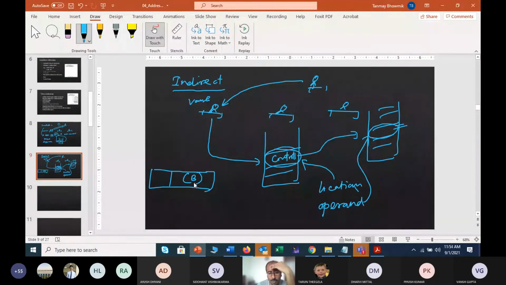So once you find that this is a parenthesis, first obviously you will move to the location of B. That is true. Right? This is the location of B. But here you will not get the data or operand. Rather, here you will get the address where the actual operand is being stored. That is why this is represented with a parenthesis.